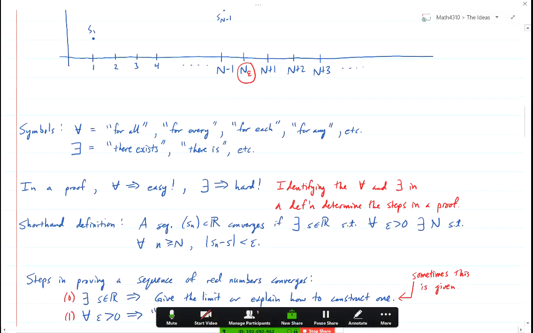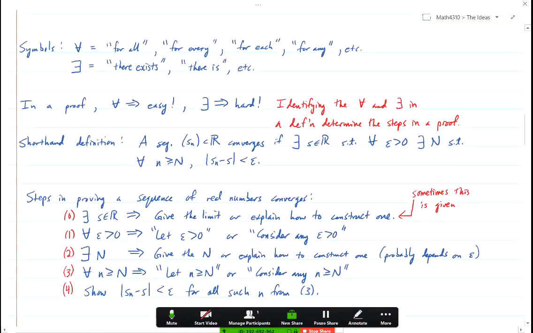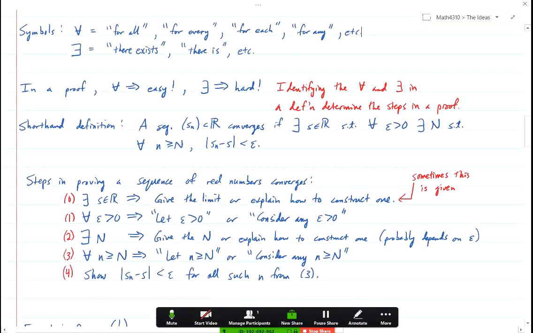So, all right, the shorthand definition in symbols is a sequence S_n of real numbers. This symbol right here is like a C that's kind of midway up the line, and it's for contained in. So S sub n is a subset contained in the reals. It's a sequence of real numbers, and it converges if there exists, right?